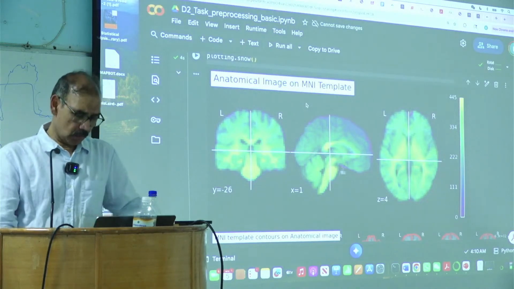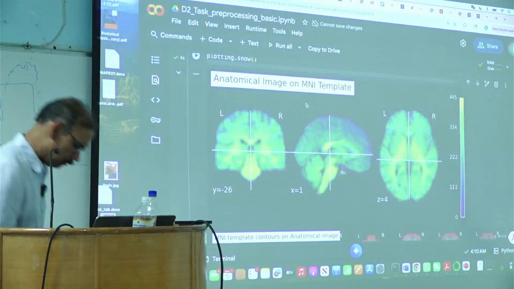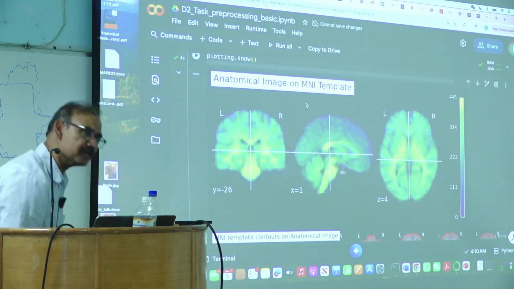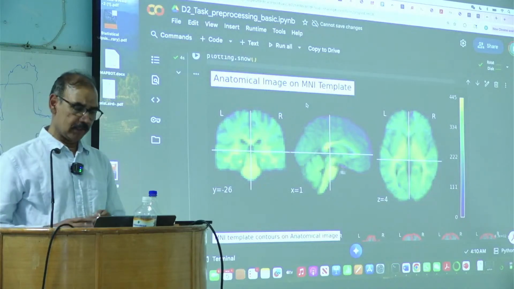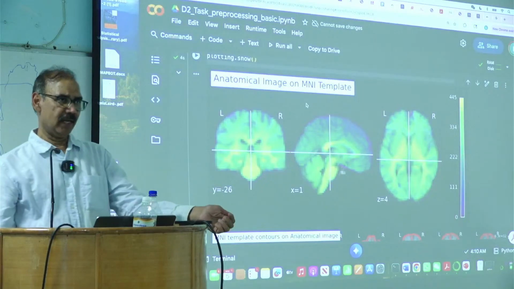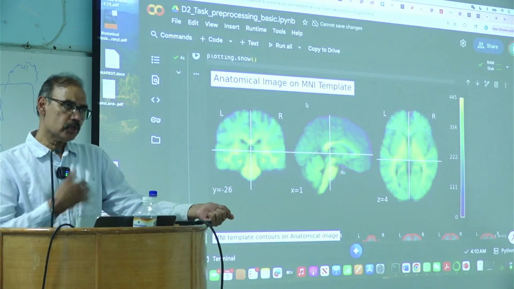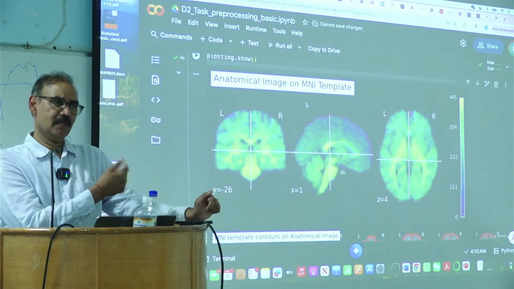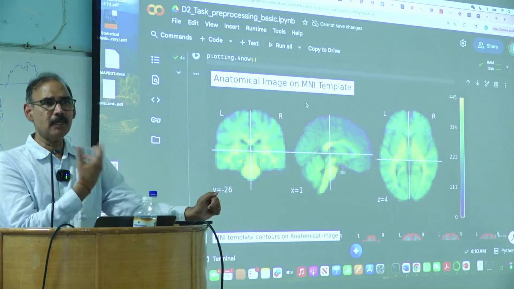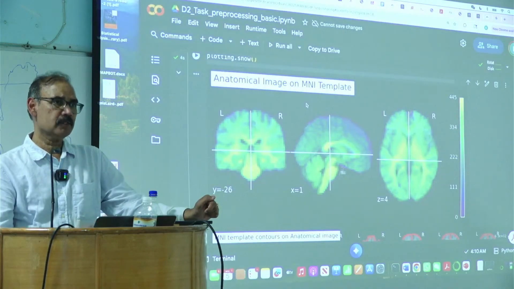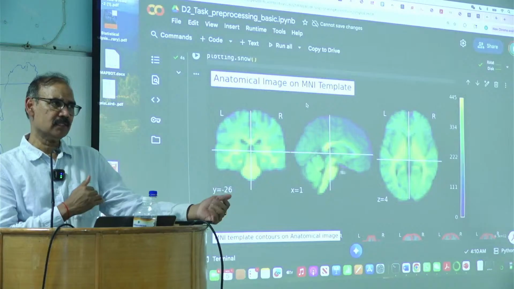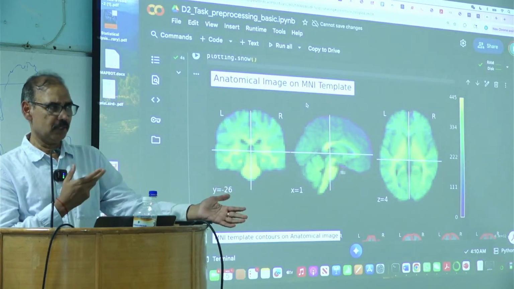Something more straightforward, right? So let's say we were talking about autism, right? And let's say the age range I'm studying is between 5 and 8. Should I be using this to transform kids' brains, right? Maybe not a good idea, right? So this is for healthy adults, which should be used.